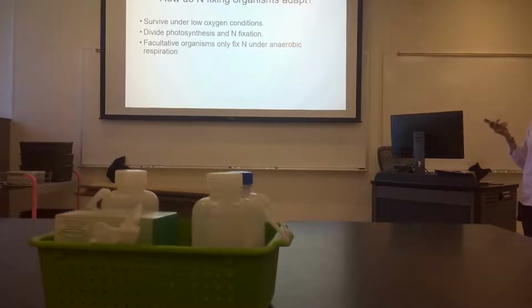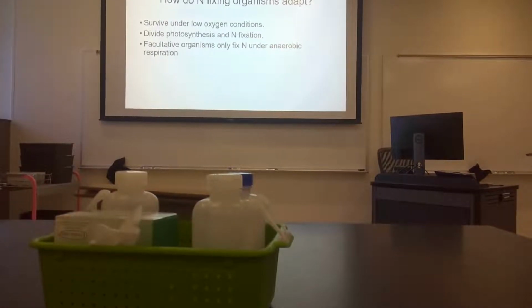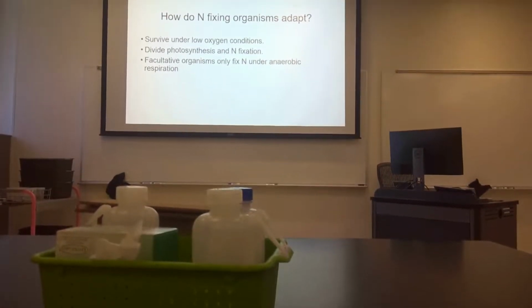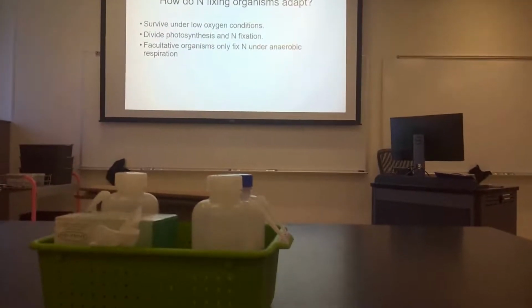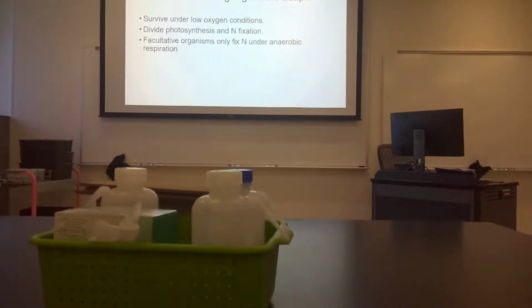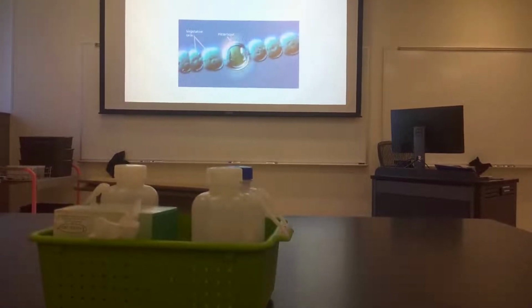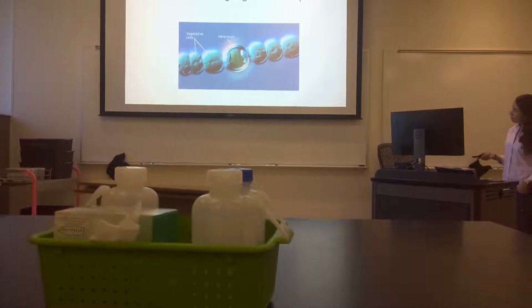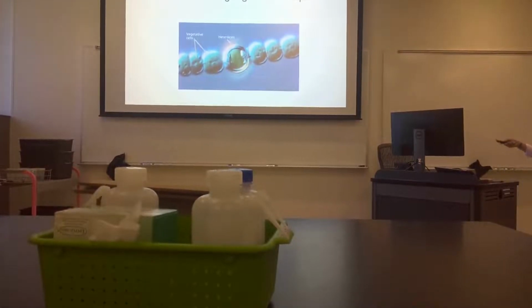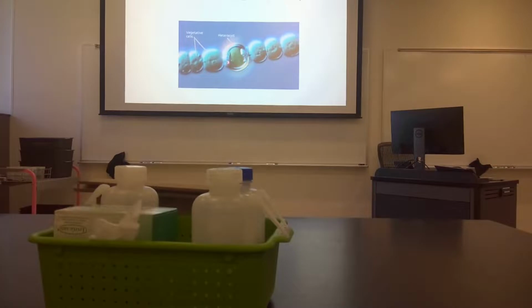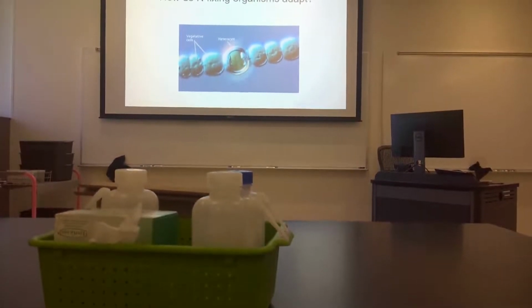And then there are some organisms that, if they can fix nitrogen, will only do it when they are under anaerobic conditions. But traditional cyanobacteria can look something like this. You have this organism here, and then you have the regular cells doing their own thing.